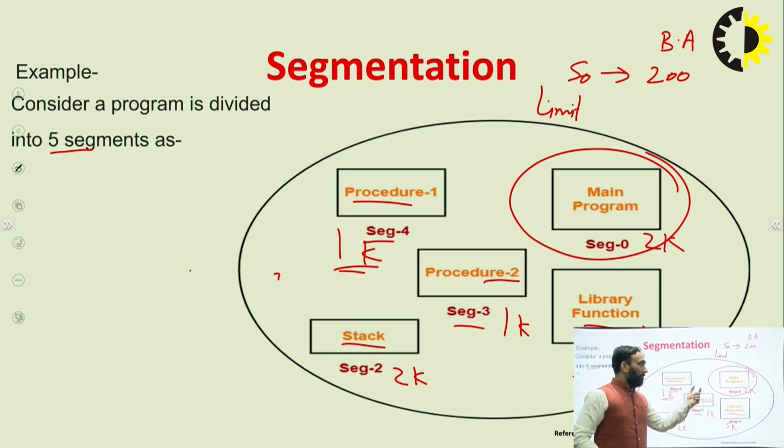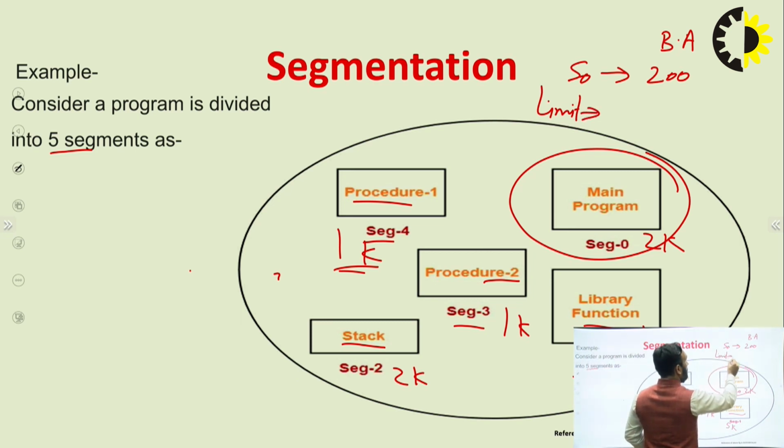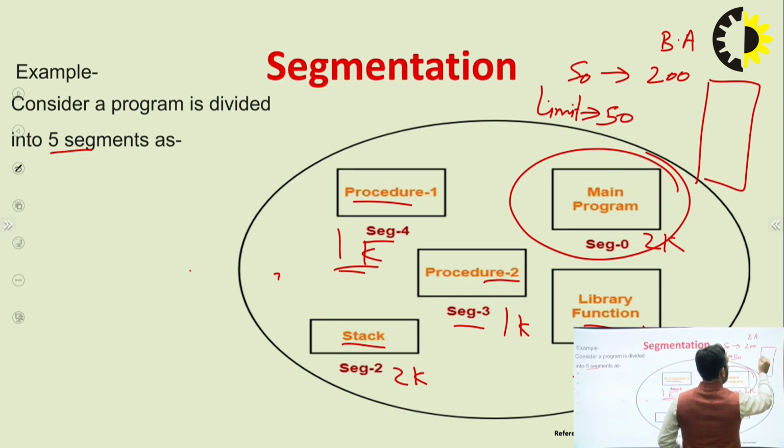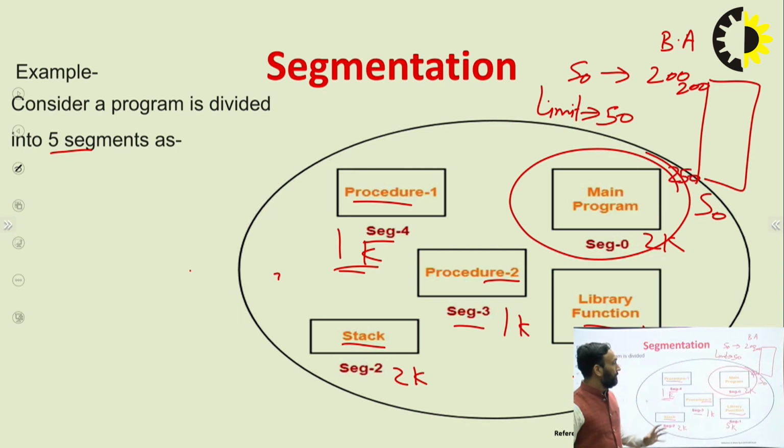Every segment stored in main memory has two fields: the segment name or address, and the limit. Up to which location segment 0 lies in main memory is the most important thing. For example, the limit of segment 0 is 50. That means within main memory, S0 will start at 200 and go up to a maximum of 250. That is the basic representation.